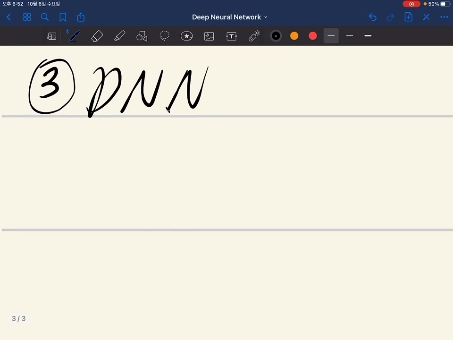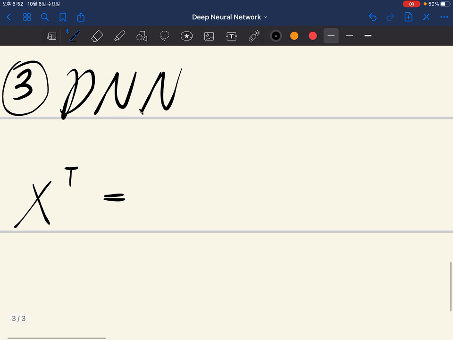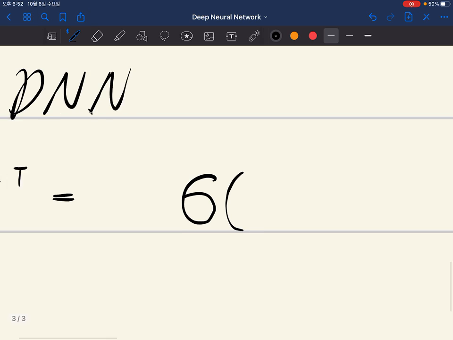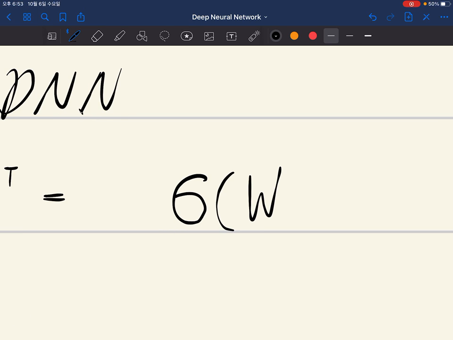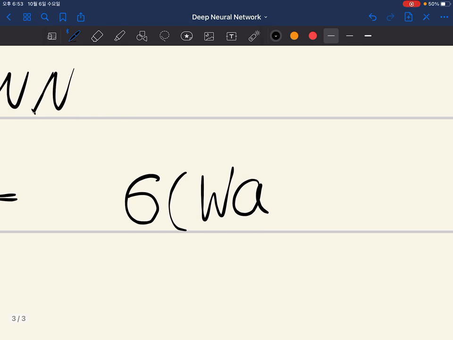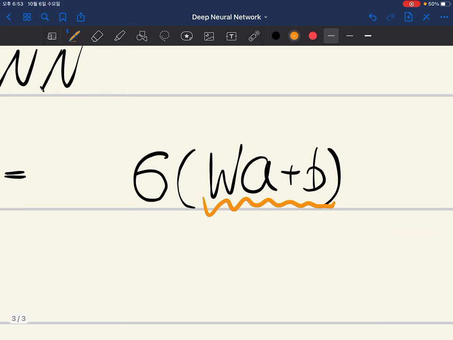So if we take the conclusion first, using the matrix A, we take the affine transformation first. It is a factor modeling, and then take the nonlinear activation function.